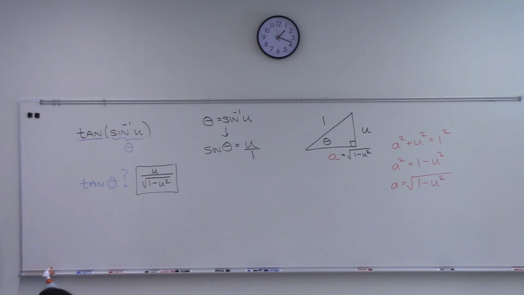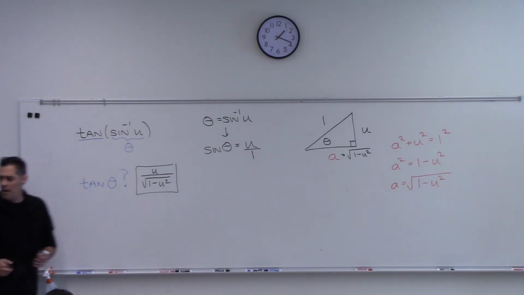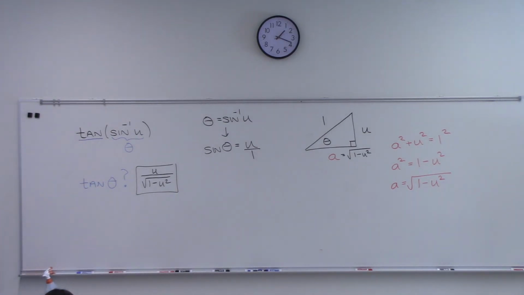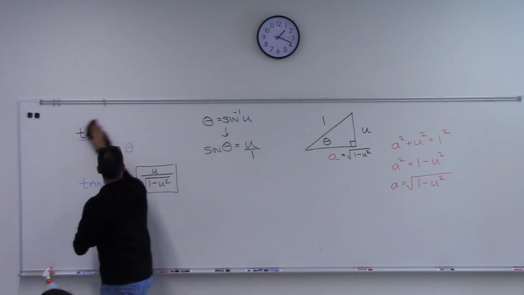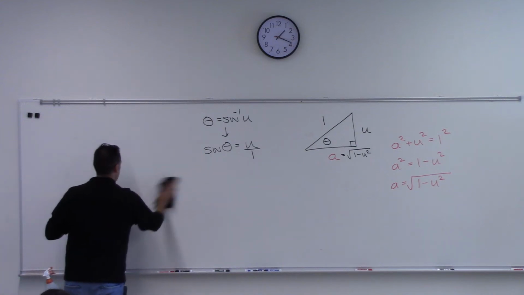Number 13? So here they want you to find the exact value, not approximate. Exact value, secant inverse of 2 root 3 over 3.